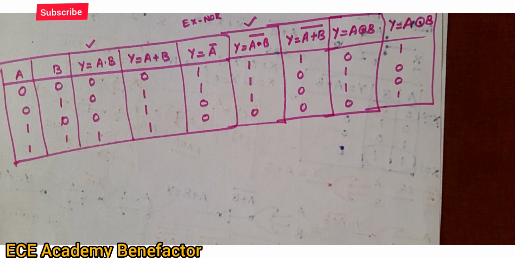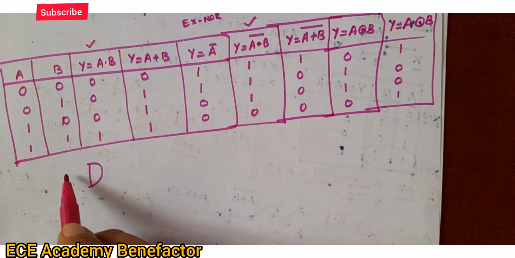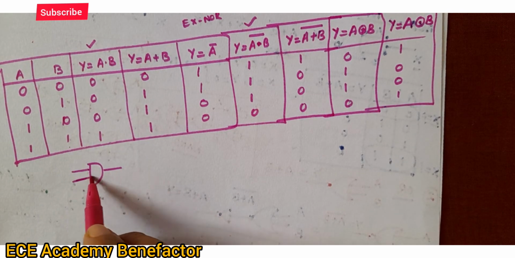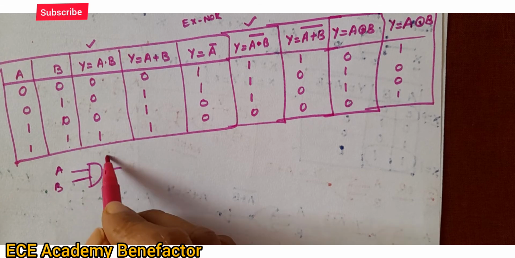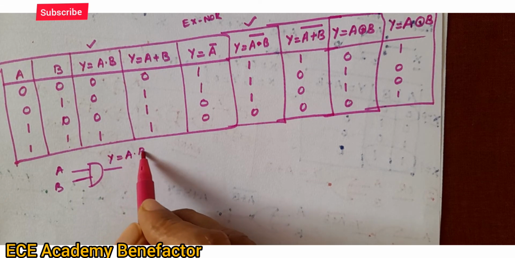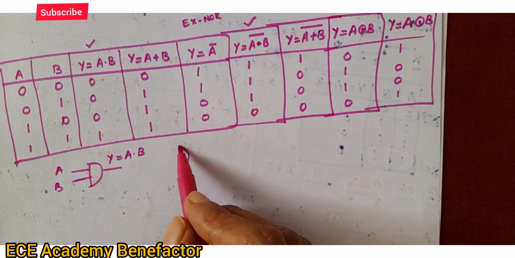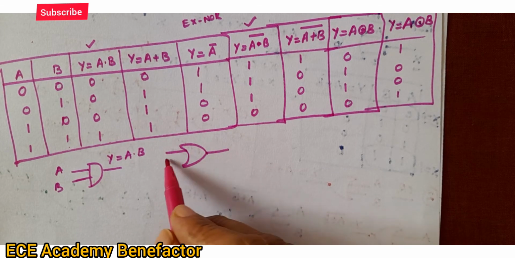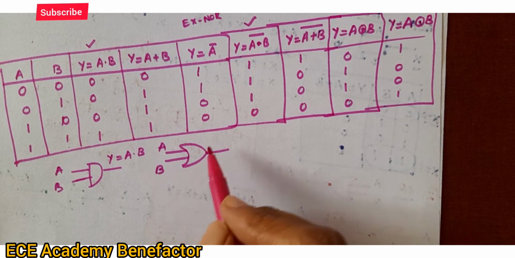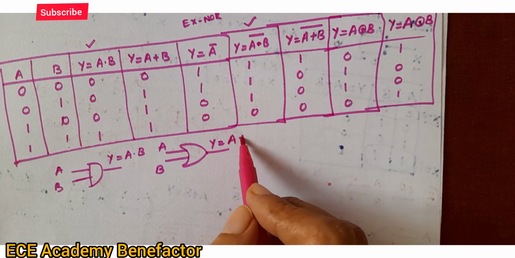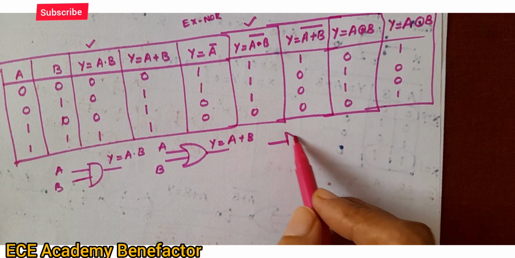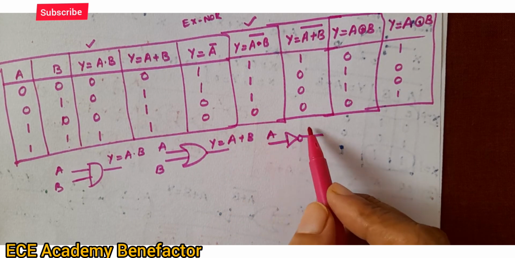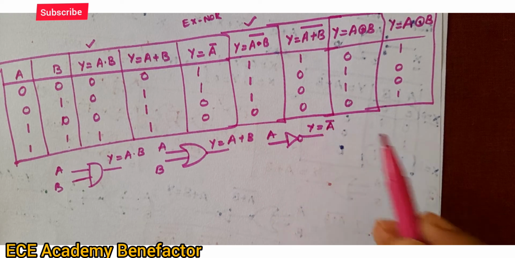In this way, the AND gate, y is equal to A dot B. OR gate, A B, y is equal to A plus B. NOT gate, A, y is equal to A bar.